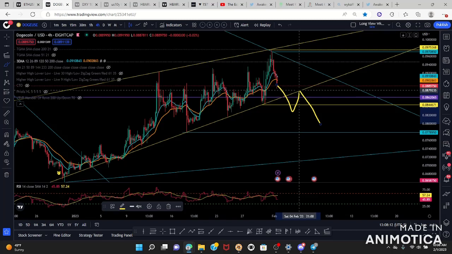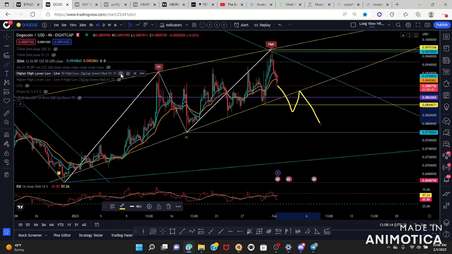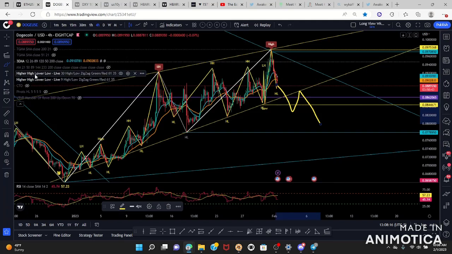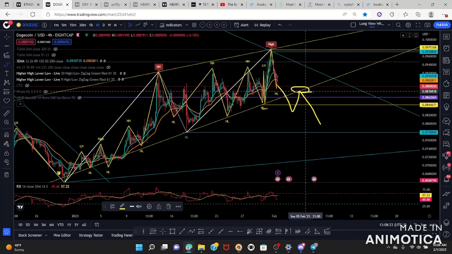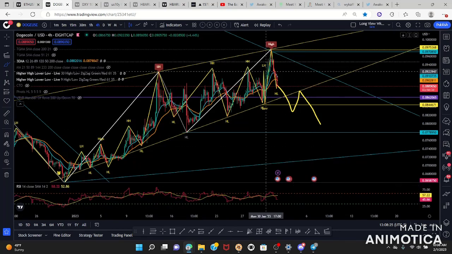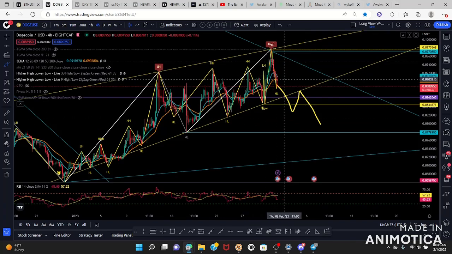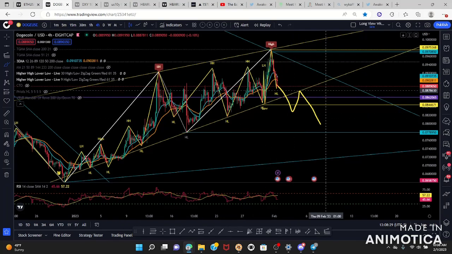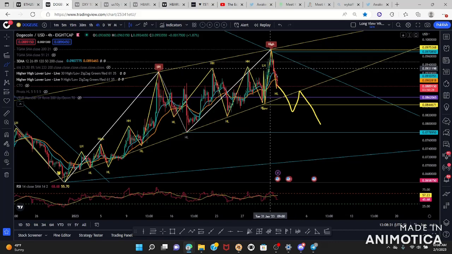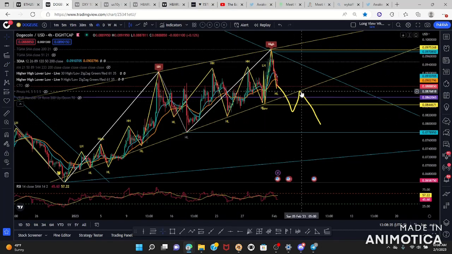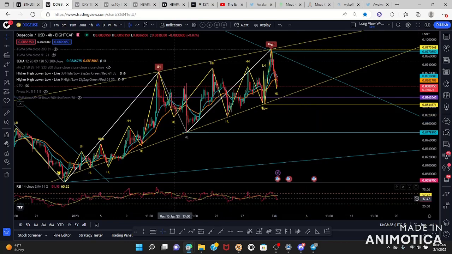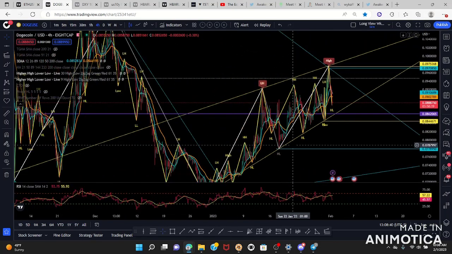So once this lower high is created, and I'll use my higher high lower low indicator so I could print it, this would be my short entry right here, right? And that would give me indications. My EMAs would be crossed, my 4-hour trend line would be broken, and my 4-hour lows would have been broken too. So 3 things that need to happen for me to take that short.